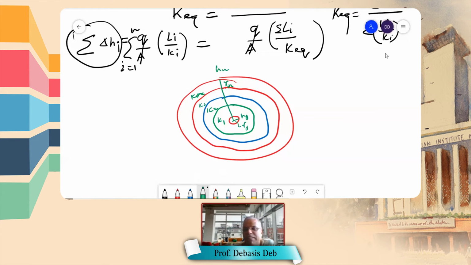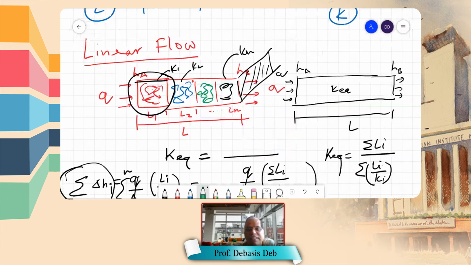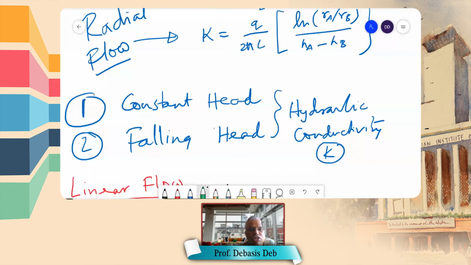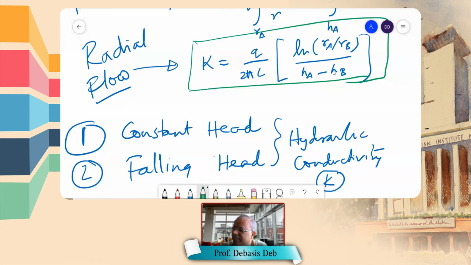I hope you remember the equation. Otherwise, I can show you the equation. I think it is there. This is the equation. Okay. You can use this equation to build the equivalent. You write this equation, K equals Q by 2 pi L, where L remains constant, okay?